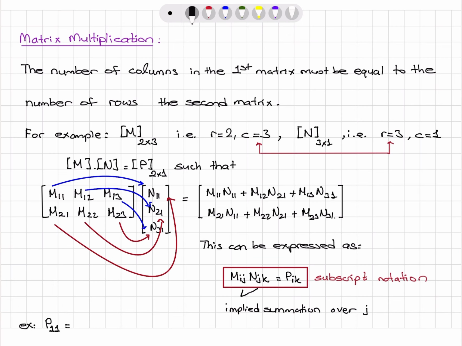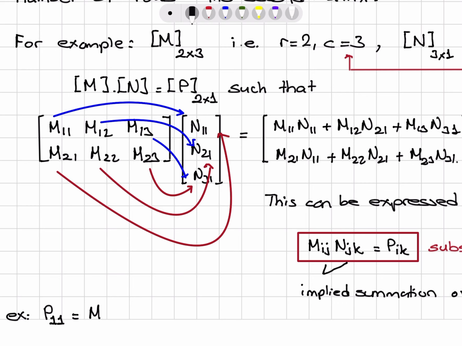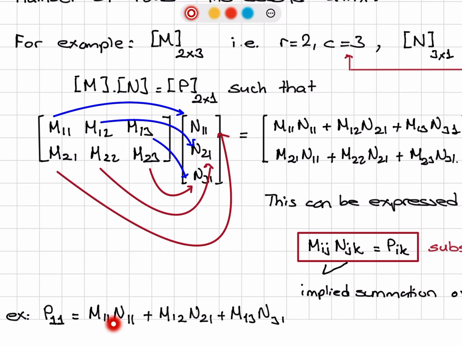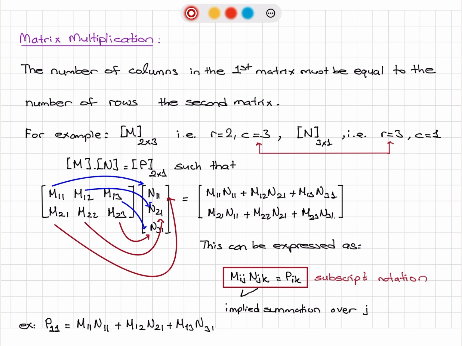Okay, so for example, P11 is M11 N11. So these ones are going to be the same, but the j index will be changing. So it's going to be M12 N21 plus M13 N31, because the summation is over the jth index. All right, so that's how we perform matrix multiplication.